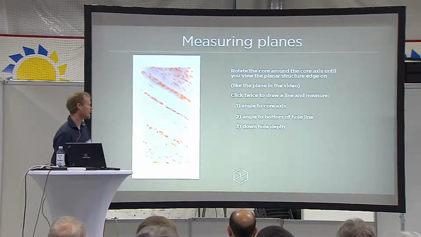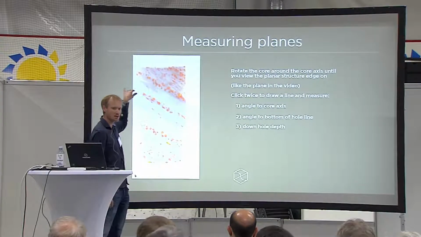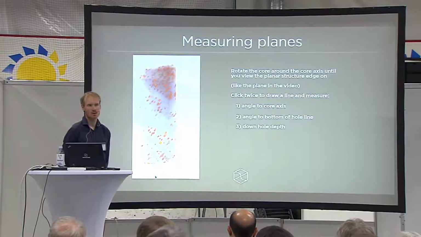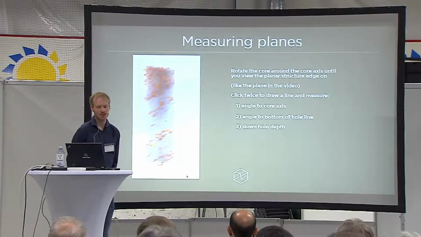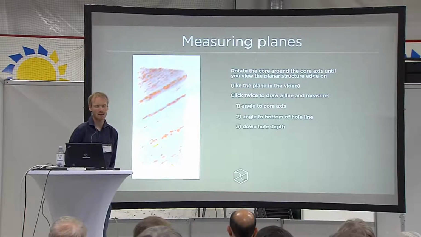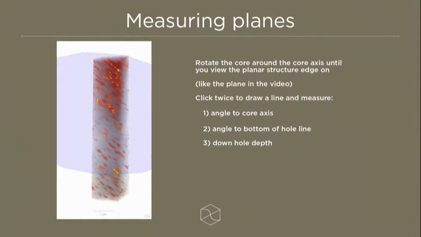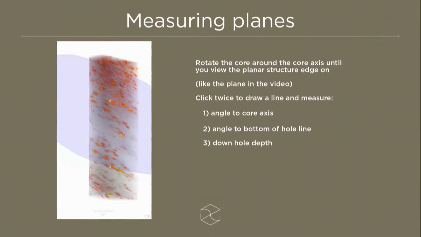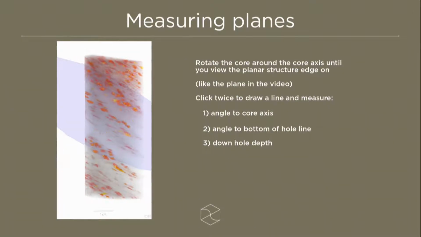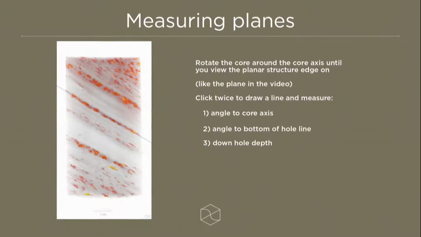And then by clicking twice, you draw a line that will define your plane. When doing so, you are measuring the angle to the core axis, the angle to the bottom of hole line, as well as the down the hole depth. And these parameters can then be exported to your azimuth and dip for your hole.